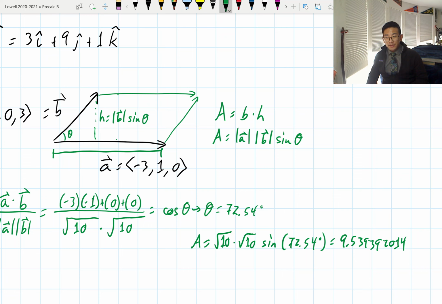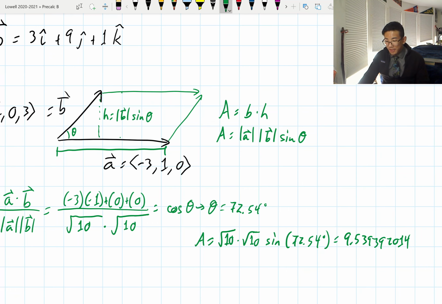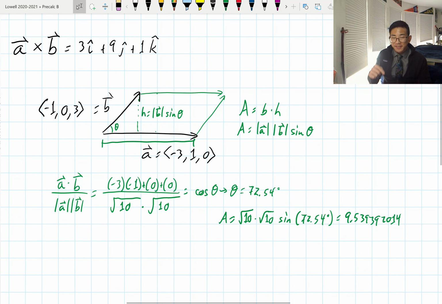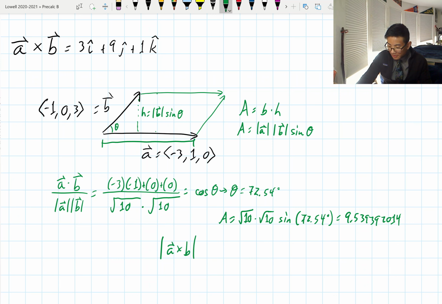Okay. This might blow your mind. What I want you to do now is calculate the magnitude of the cross product. Just by saying that, you probably know what it's going to be. But I'm just going to calculate the magnitude of the cross product here, A cross B. That's just going to be the square root of the components squared.